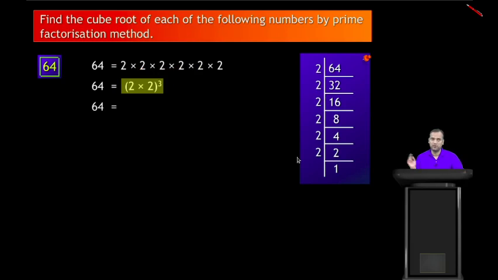Yes, it is 4. So 64 can be written as 4 cube. So from here we get the answer that the cube root of 64 is 4.